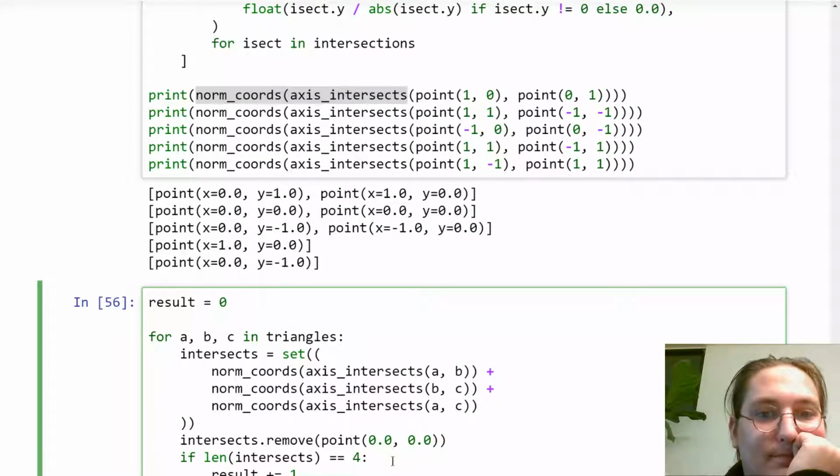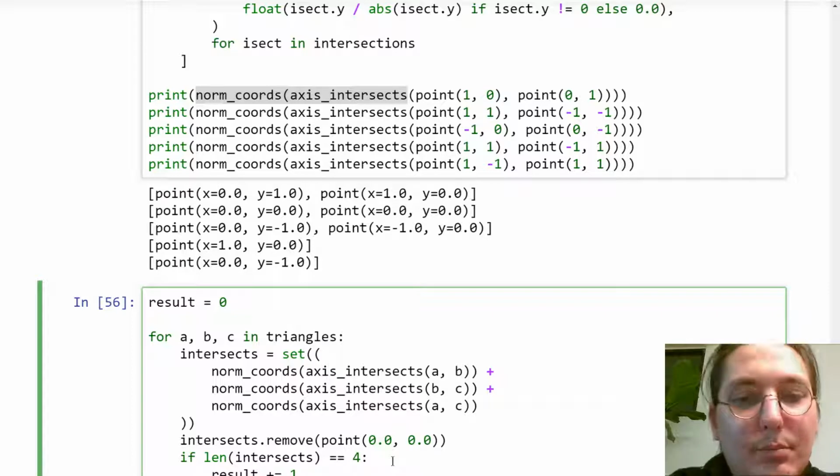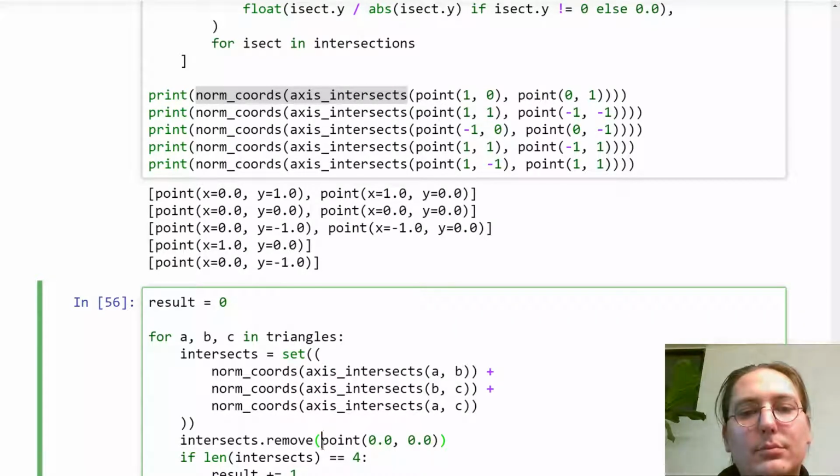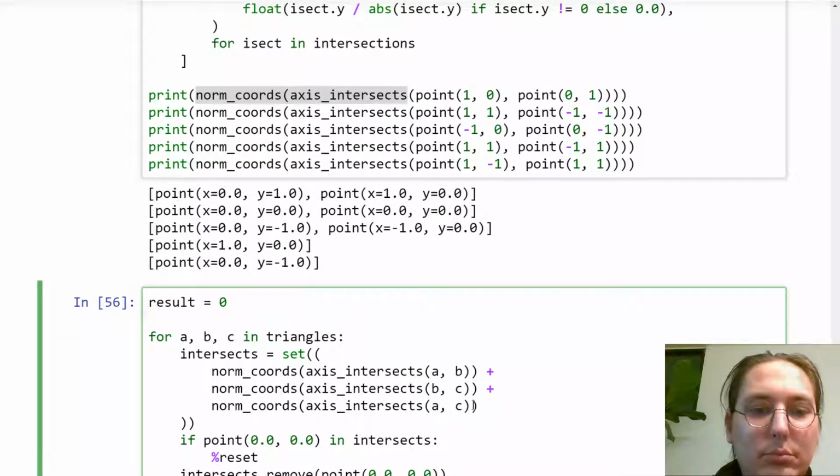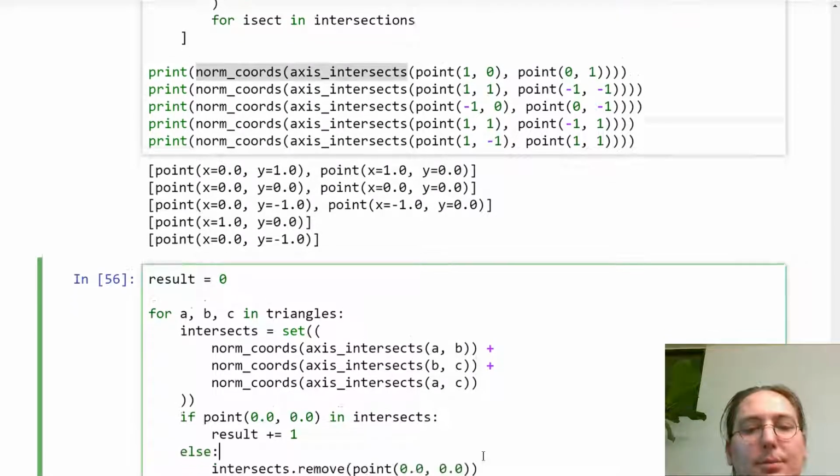Maybe we can do if intersect equals 4 or point 0, 0 in intersect. Sure. So if ABC in that, okay, let's do it here. And result plus maybe, no. Else, how about this? That's good.